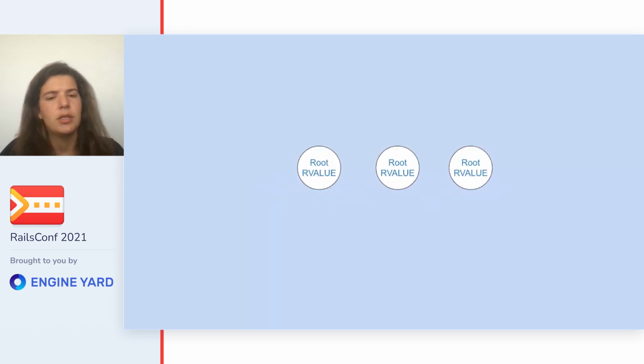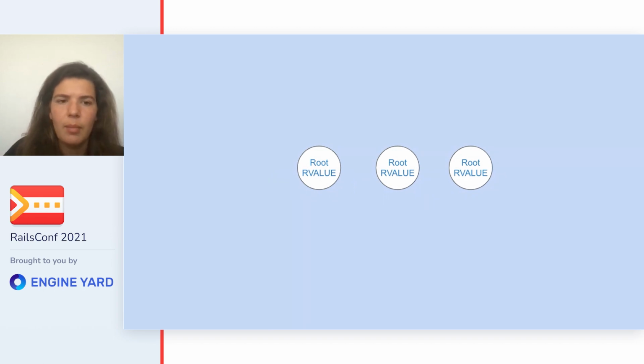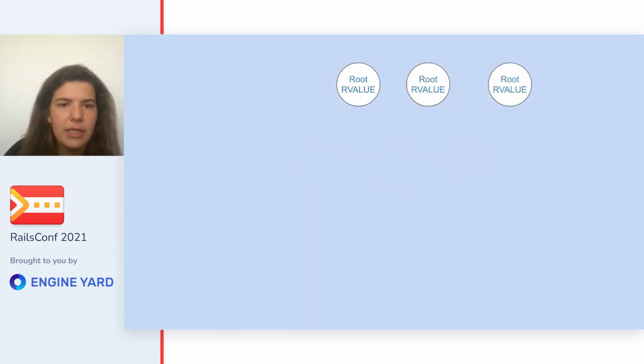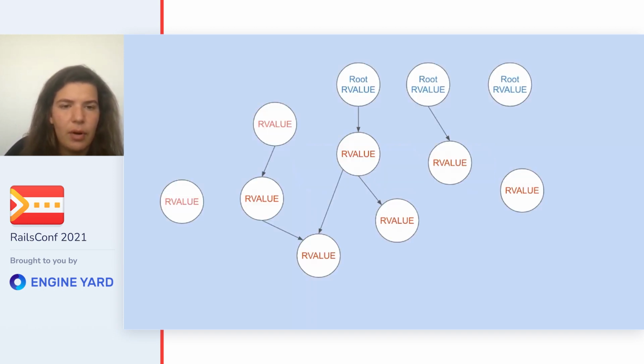So in order to illustrate our mark and sweep algorithm, I've created a few root R values, which we can move to the top of the screen to make room for a whole bunch more R values that aren't roots. These arrows represent references. So like we saw in the array referencing another R value, that's what the arrows represent.